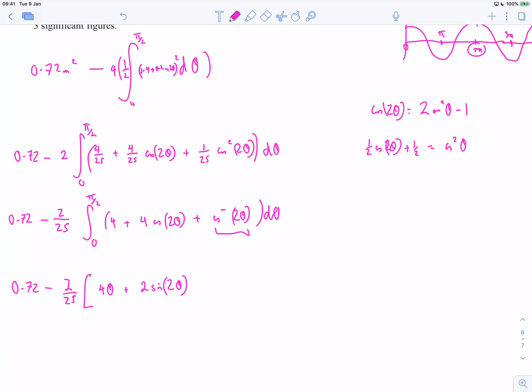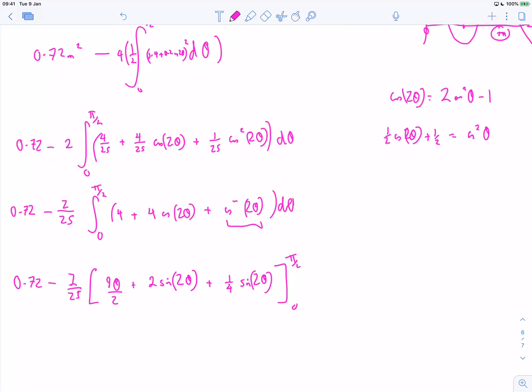So when I integrate a half, that becomes a half theta. So 4 thetas, which is 8 halves plus another half theta. This will actually become 9 halves of theta. Then half cos 2 theta is a quarter of sine 2 theta. And this gets integrated between pi over 2 and 0.